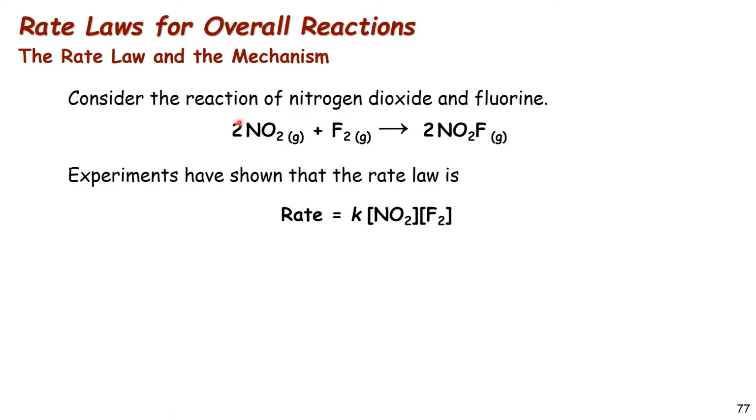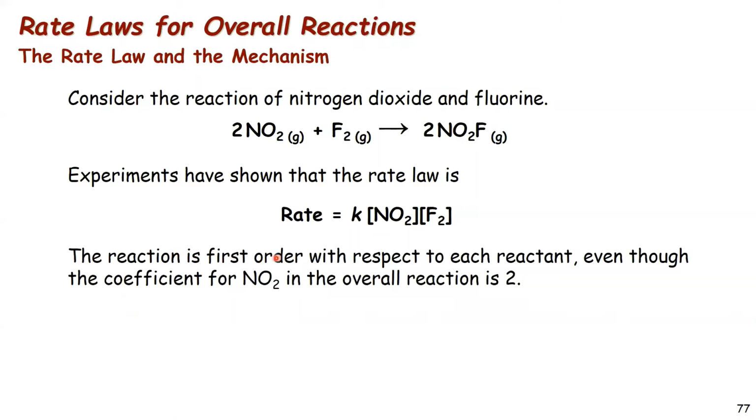Now, if this was a 1 and this was a 1 and these both ended up 1s, I still can't say for sure that that was an elementary step. It might be, but I'd have to prove it. But when they don't match up, so this is a 2 and this is a 1, I can say for 100% sure that there has to be at least 2 steps in this pathway, if not more.